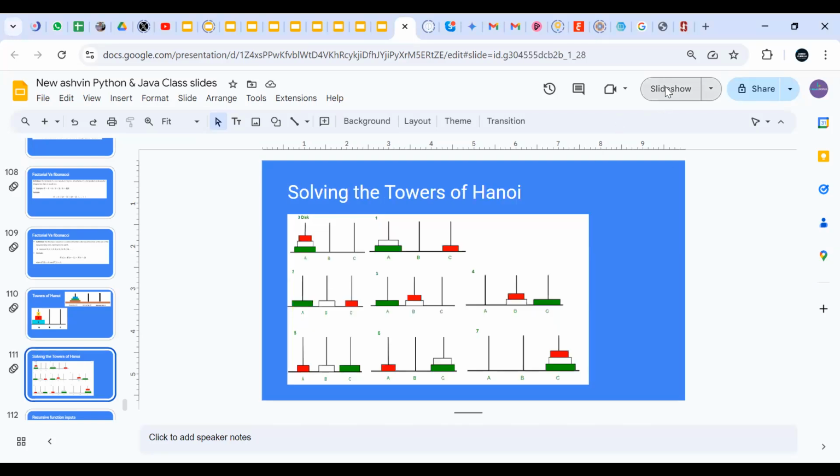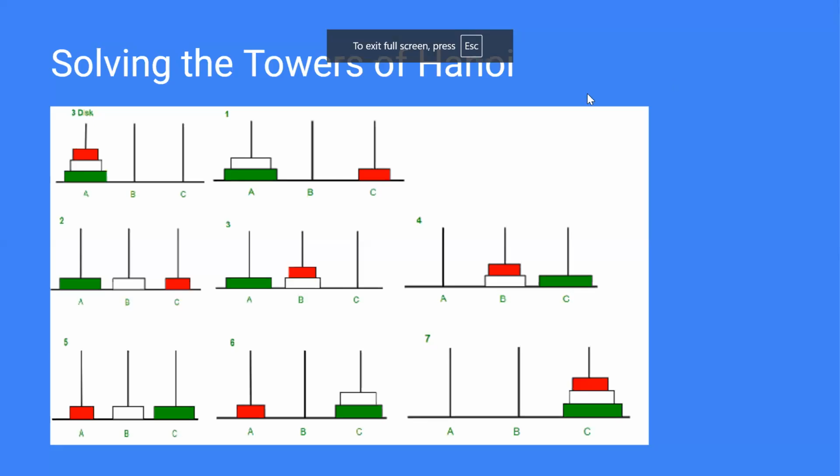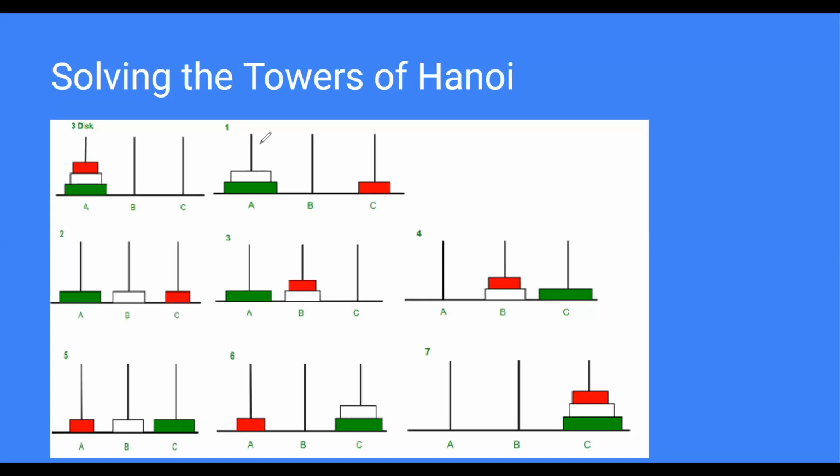Yeah, you just want it all to be on C, right? Yeah, then you will just move. Correct. Okay, let me see here. 3, okay, that's correct. 4, 5, yeah, correct.